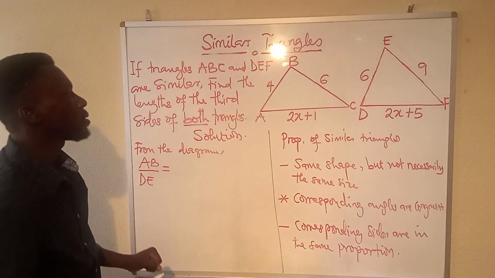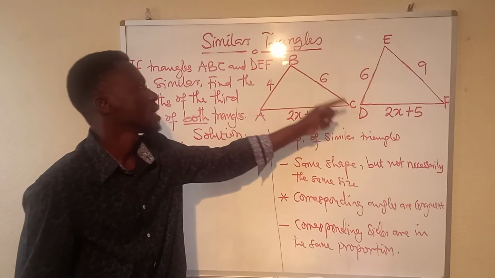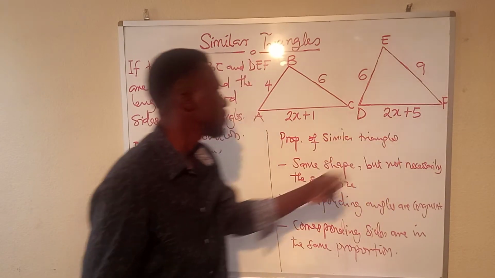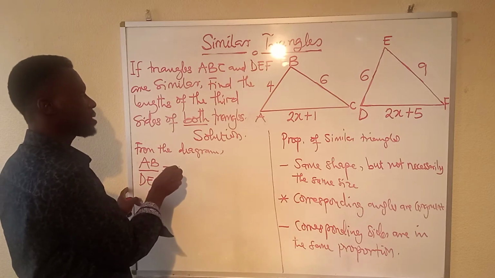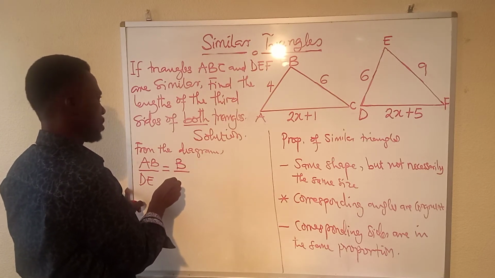So that will be equal to the side BC is proportional to the side EF.